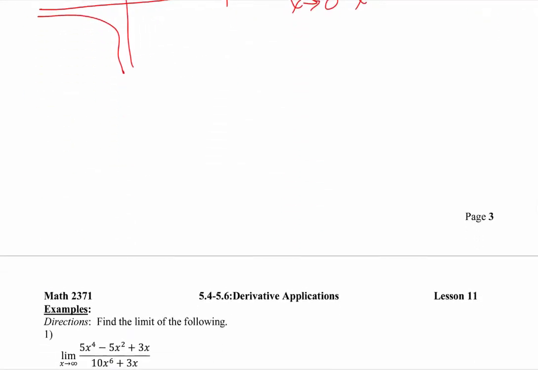So if I put 1 and 2 together, my third observation is putting 1 and 2 together.